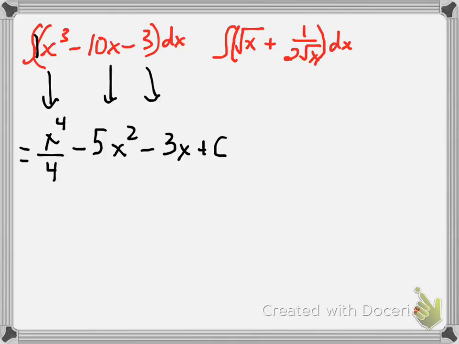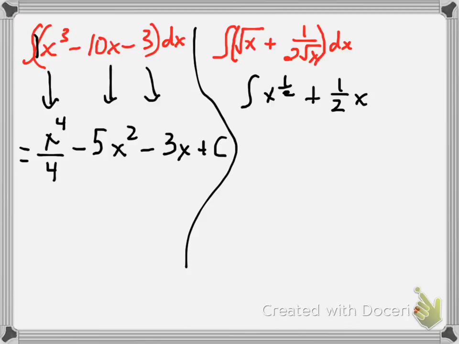When you have a fractional exponent, you want to rewrite as a fraction. So this is x to the 1/2 plus 1/2 x to the negative 1/2 dx.